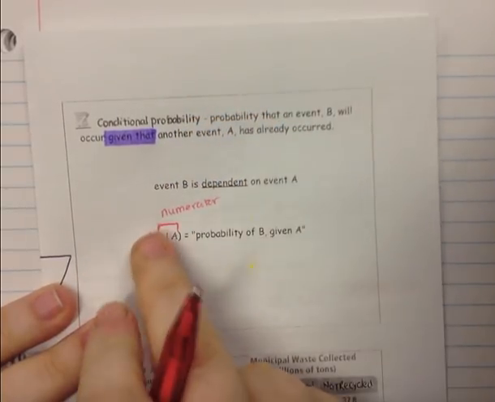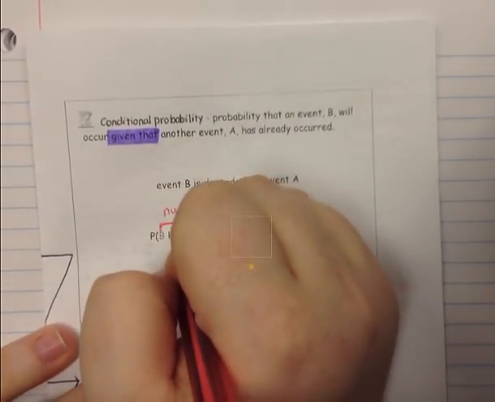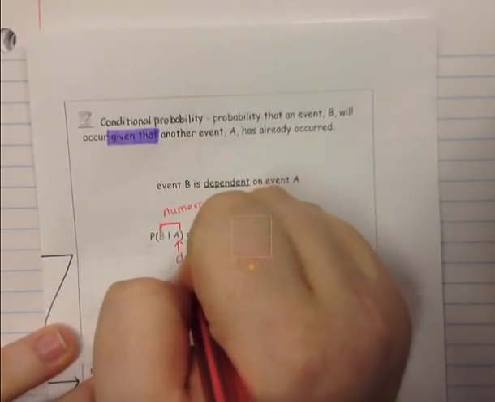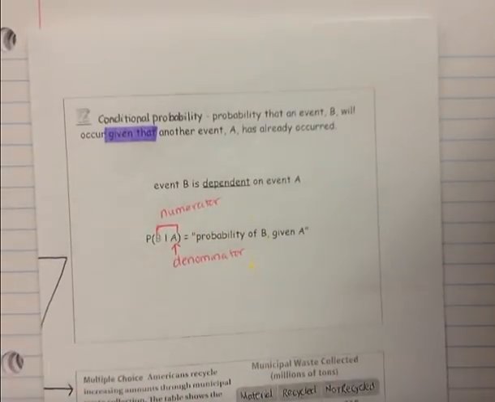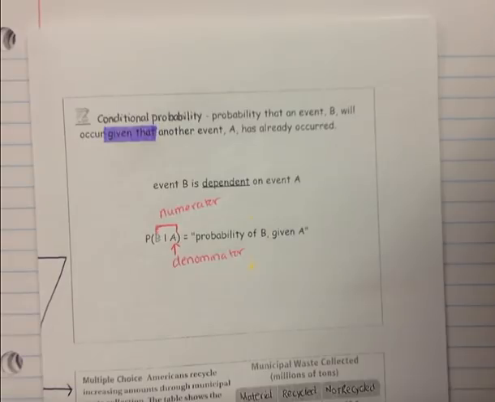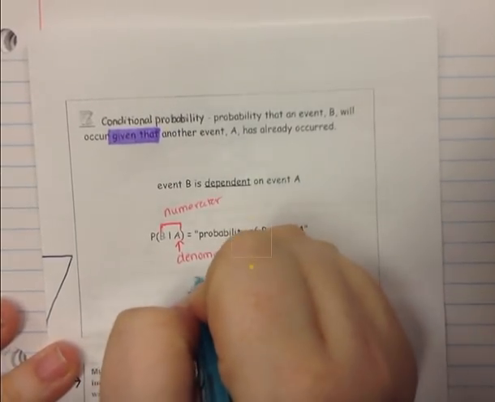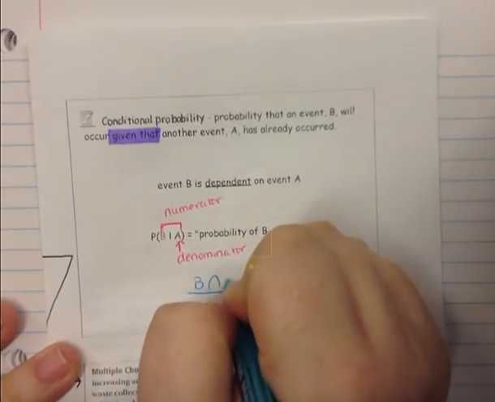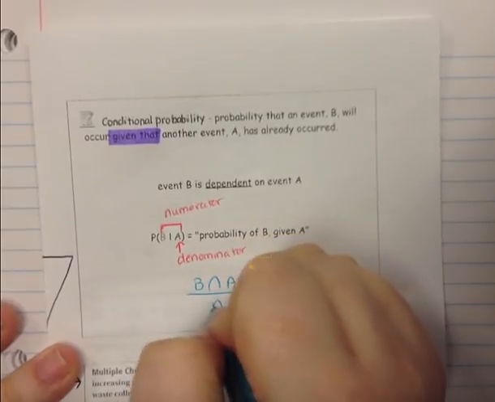The numerator is the two parts together. Your denominator was that first event. So we would write out our fraction. The probability is going to be event B intersect event A divided by event A.